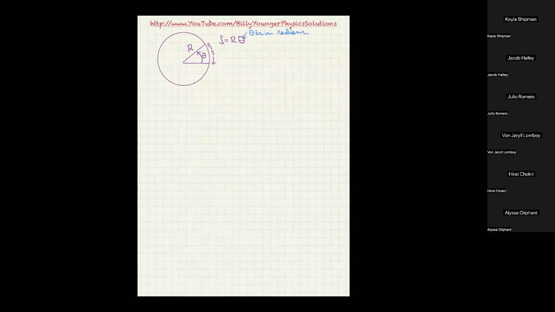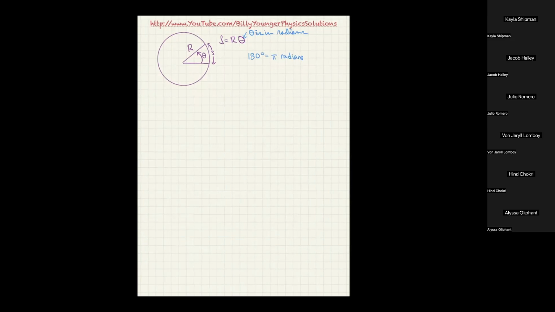Okay. And remember, basically the rule is that 180 degrees is equal to pi radians. And a radian, as you can tell by solving for theta there, is s divided by r.